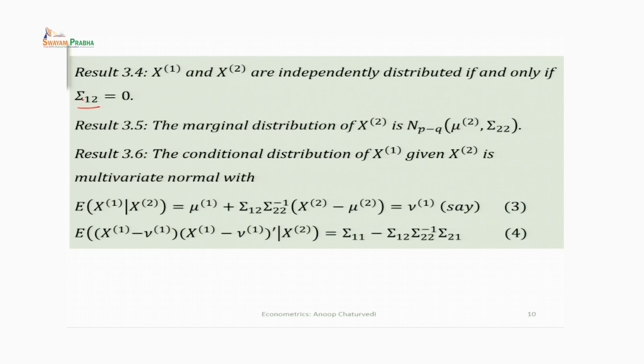Say the (1,1)th element of sigma 1 2 is the covariance between the first element of x 1, which is x 1, and the first element of x 2, which is x q plus 1. So, the (1,1)th element of sigma 1 2 is the covariance between x 1 and x q plus 1, and then x 1 and x 2 are independently distributed if and only if sigma 1 2 is equal to 0.